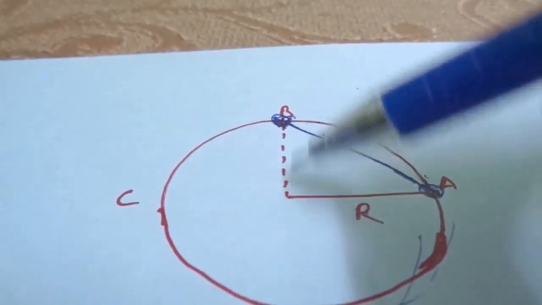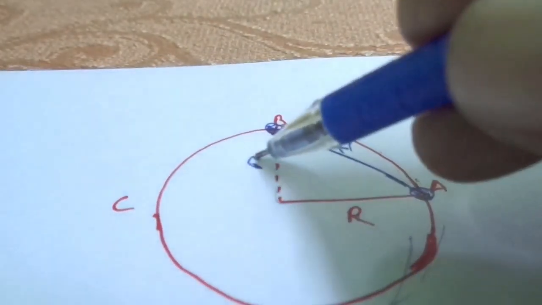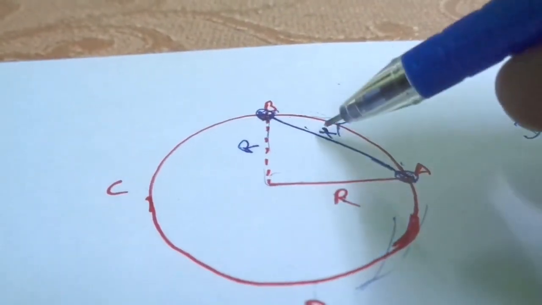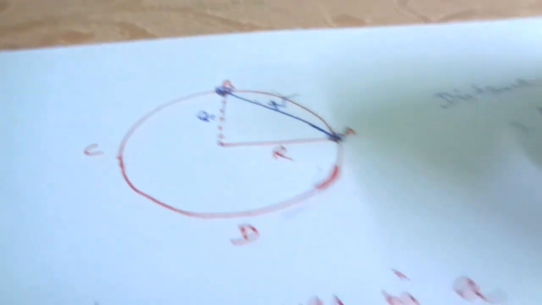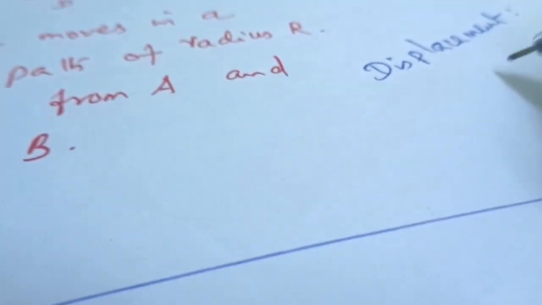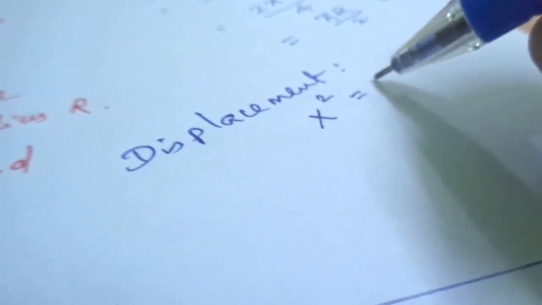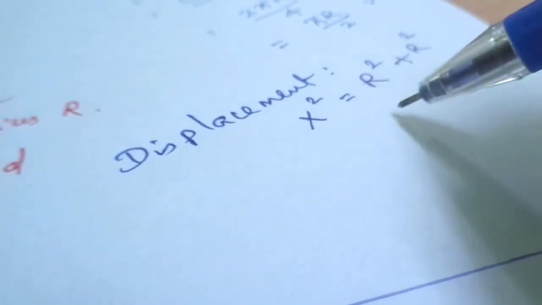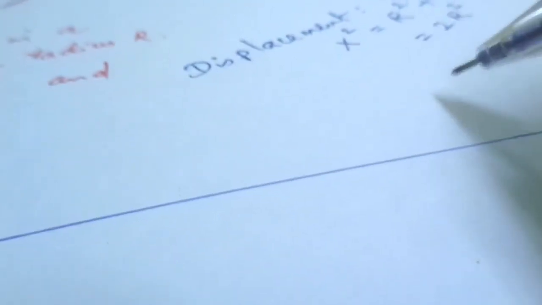Now you find that this is a right angle triangle. This is value R, this also R. Apply the Pythagoras theorem. That is x square is equal to r square plus r square, that is 2r square.